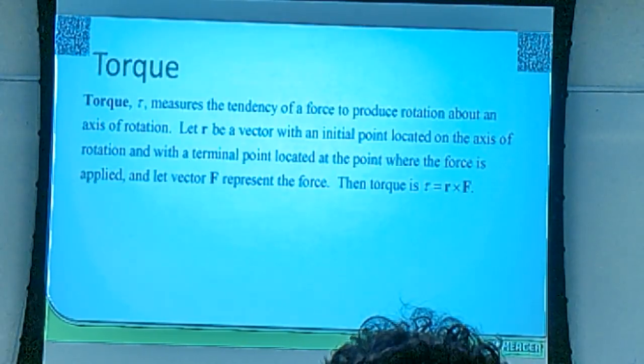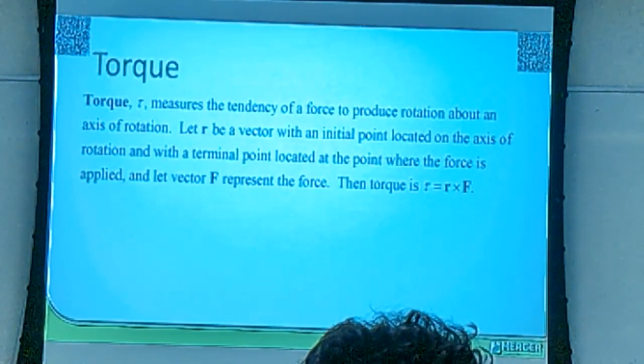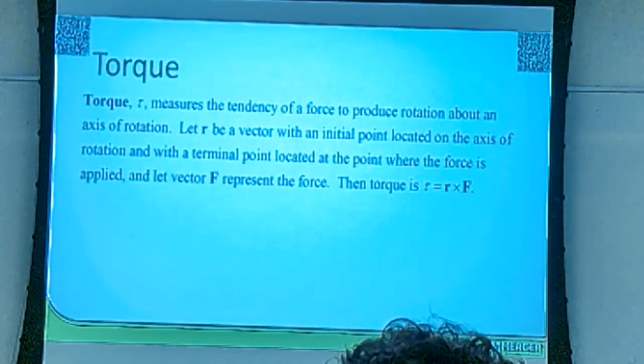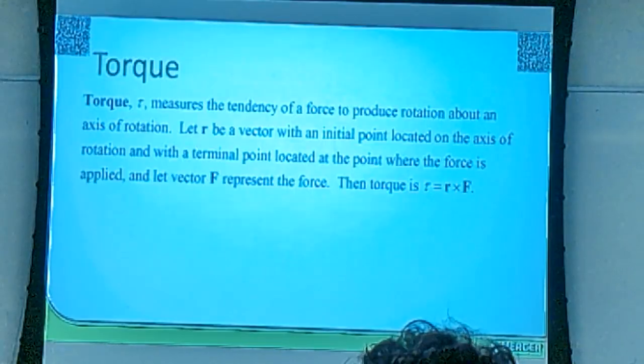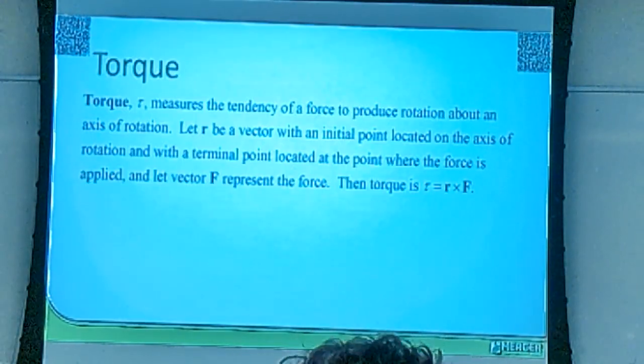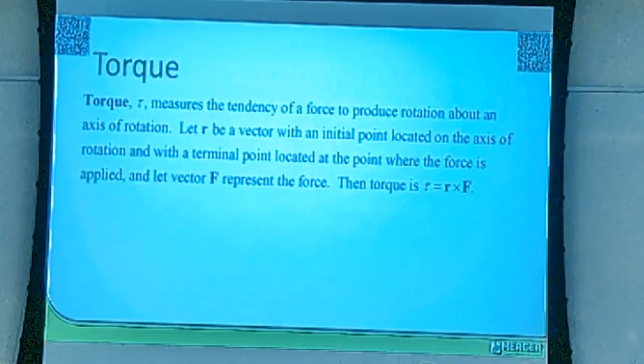Torque itself is a measure of a tendency of a force to cause a rotation. Torque is technically a vector, but generally speaking, when we're talking about torque, we're referring to its magnitude.